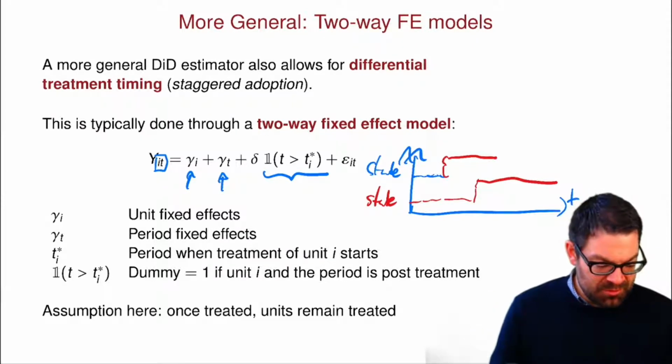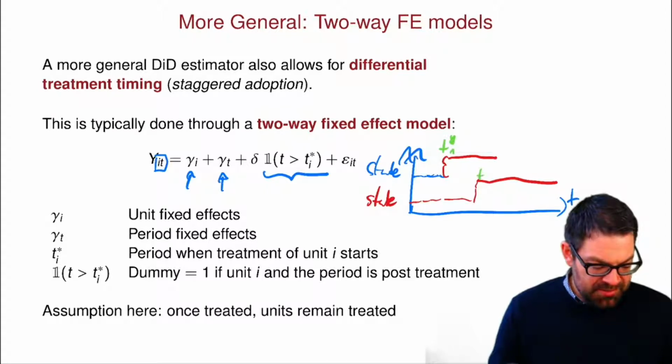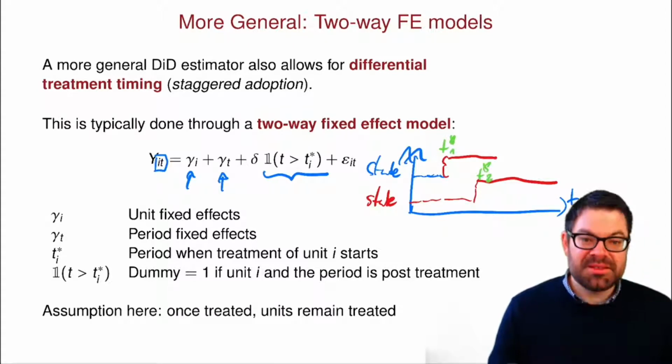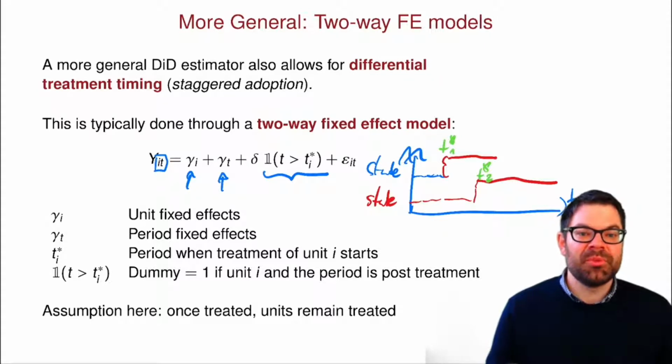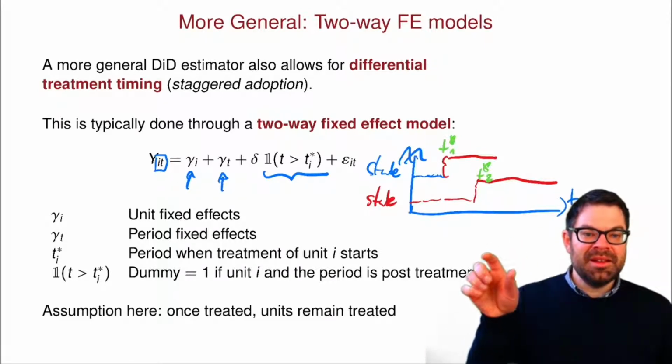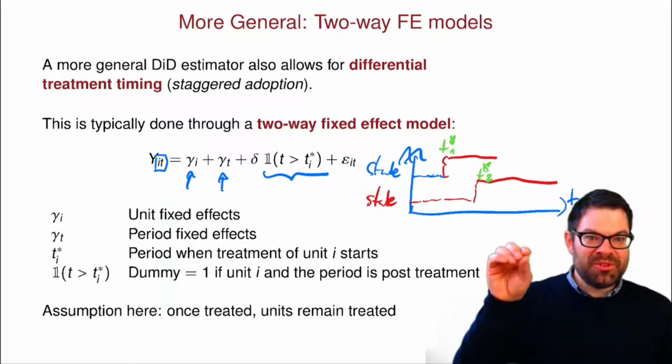So basically, for each of those states, that t star is at a different time. All right, so t star 1 and t star 2 are at different times. Okay? And what that indicator is for each observation.